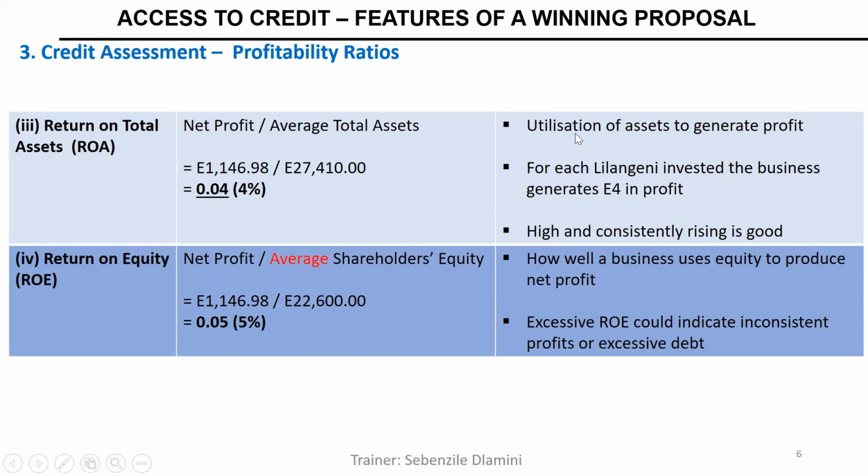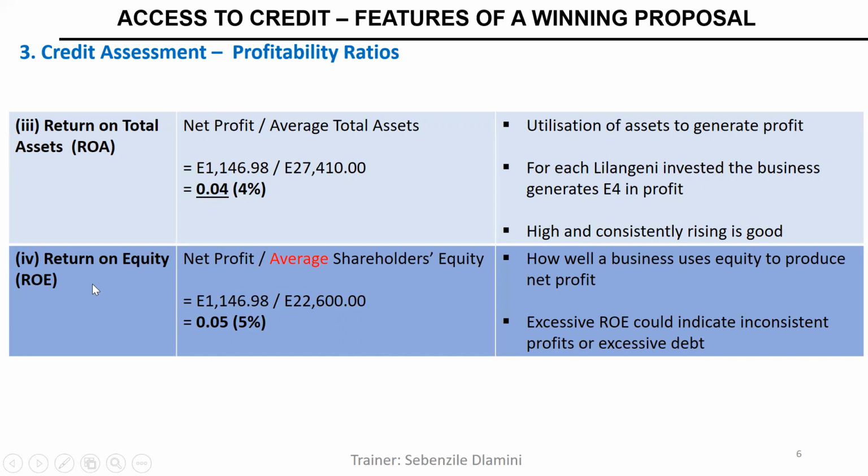The return on total assets shows the utilization of assets to generate profit. In this case, it means that for each lilangeni invested, the business generates 4 emalangeni in profit. A high and consistently rising return on total assets over a period of time is good.